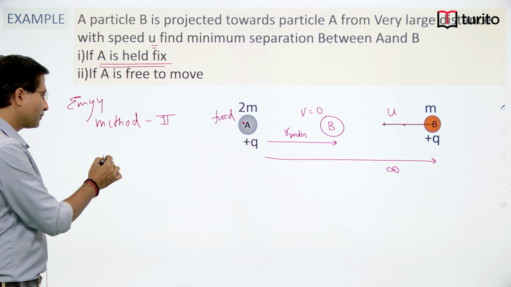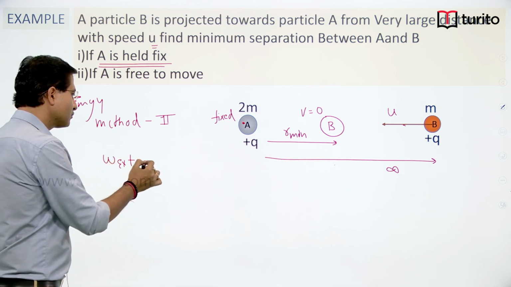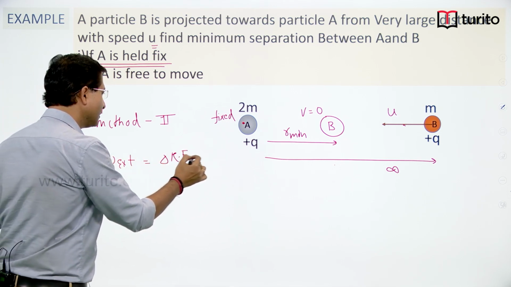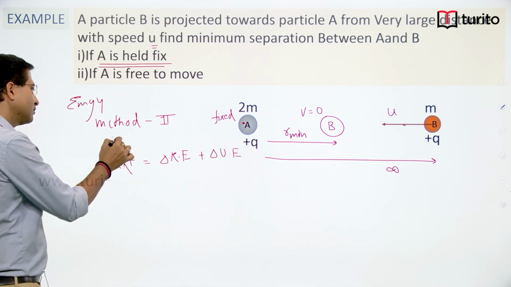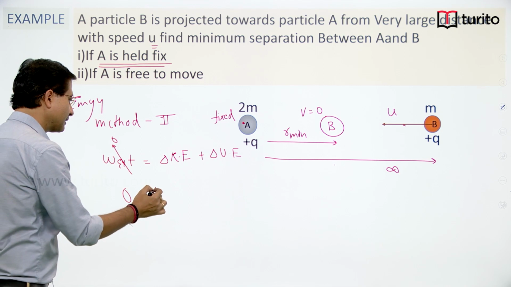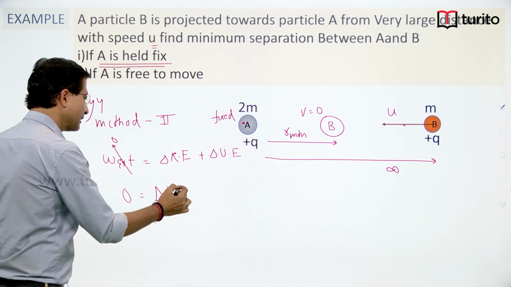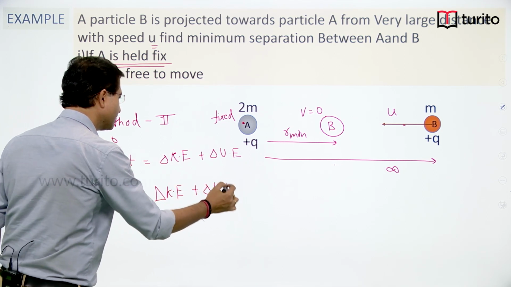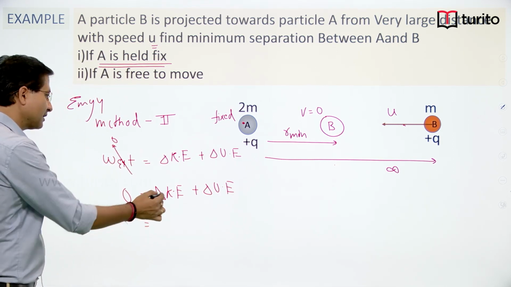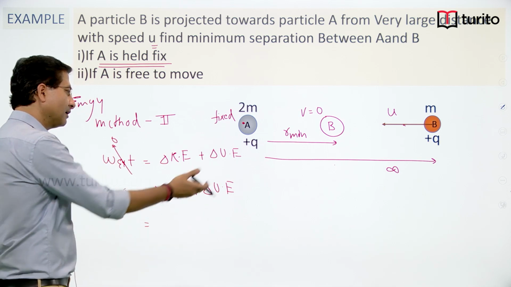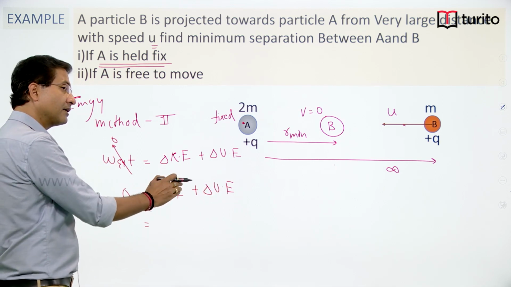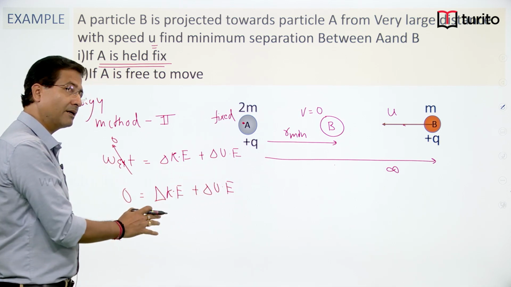Work energy theorem: work done by external is equal to change in kinetic energy plus change in potential energy. External is not doing work, so change in mechanical energy is 0. I can write this as kinetic energy final minus initial, plus potential energy final minus initial, equal to 0.